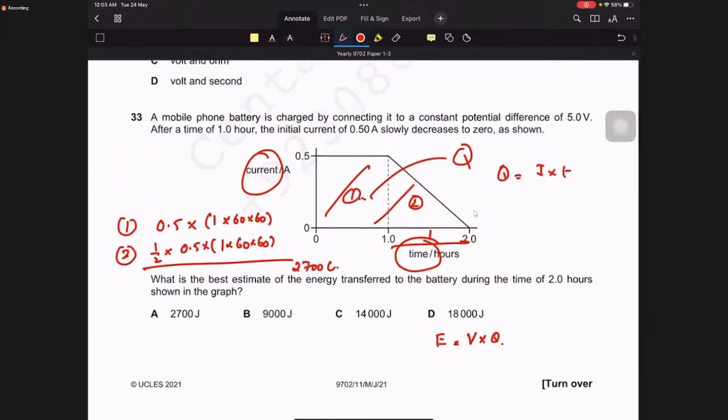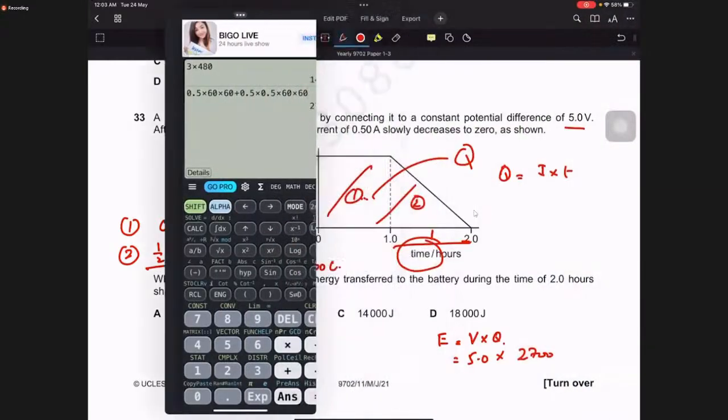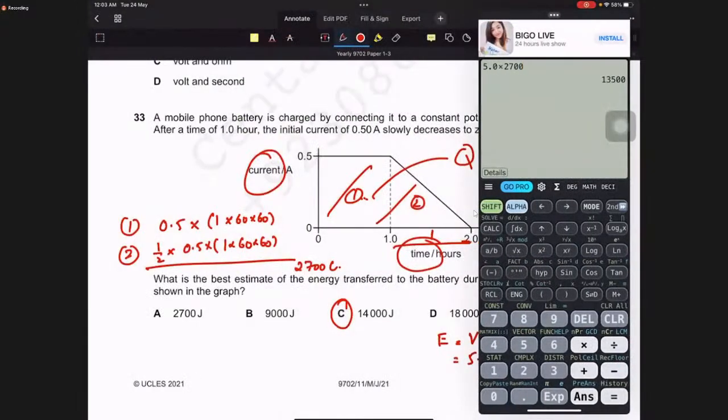But there is no voltage given, there is a constant potential difference of 5, right? So 5.0 times 2700. Where is my calculator? 5.0 times 2700 should be 13,500. That's about 14,000. That should be the answer, my friends.